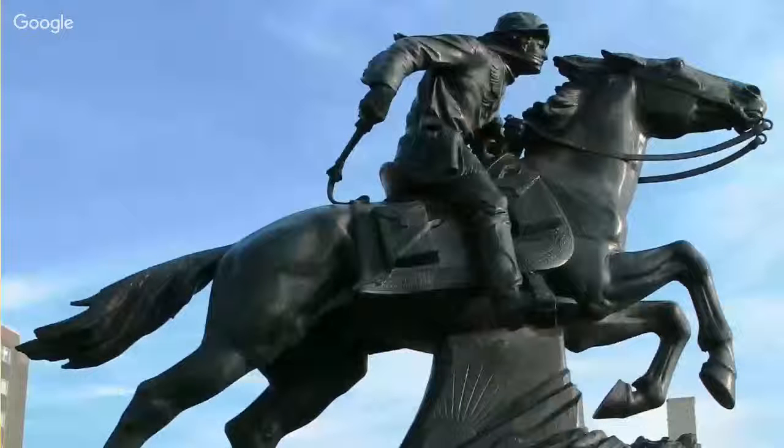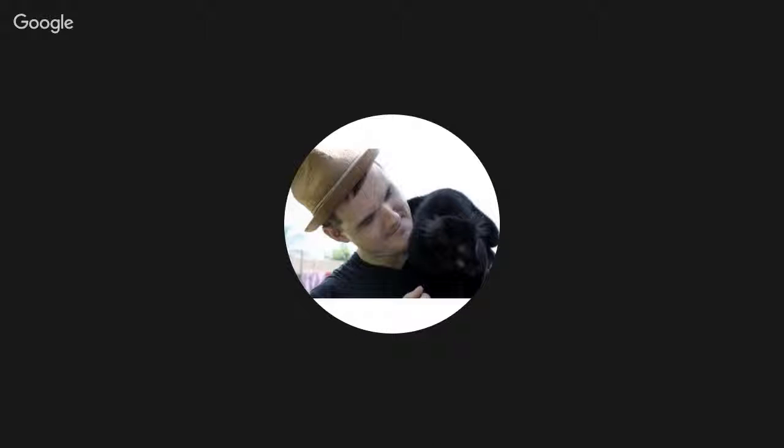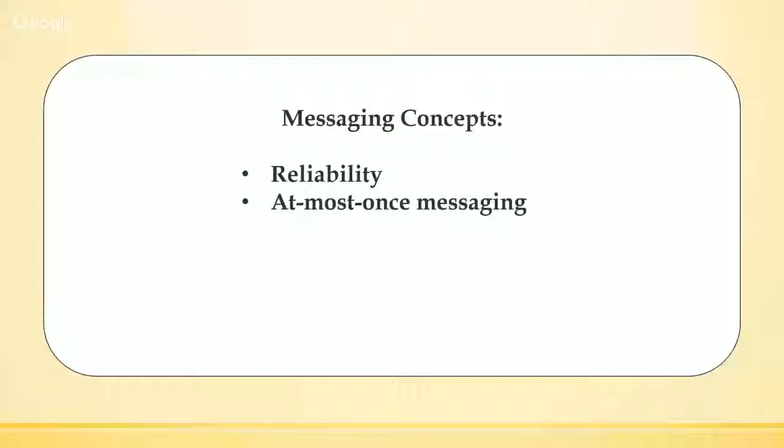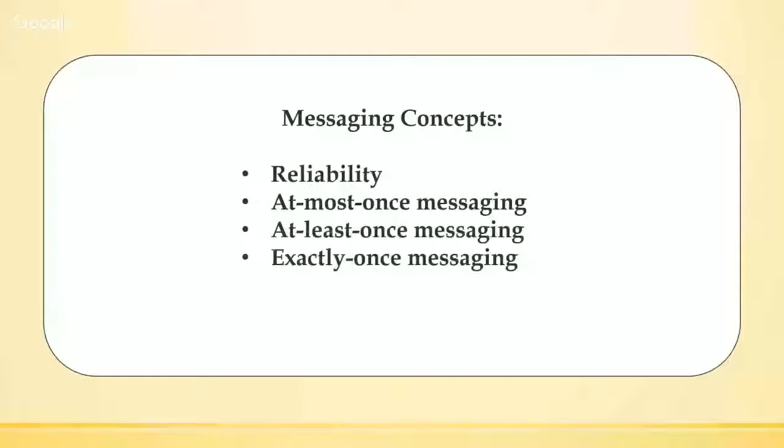So if you look at the concepts around messaging, you've got things like reliability. How do you guarantee that a message is going to get there? Assuming it gets there, how do I make sure it only gets there once, or how do I make sure it doesn't get there multiple times? So you've got at most once messaging, at least once messaging, and exactly once messaging. Most messaging systems that you work with are at least once messaging. So the message will get there. It's guaranteed to get there at some point, but it could get there 2, 3, 4, 5 times, and you need to be able to deal with getting that same message 5 times.